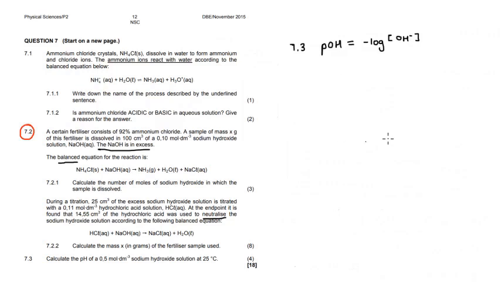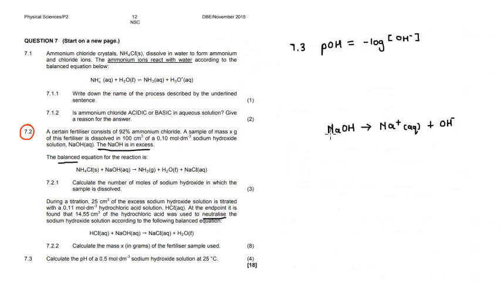Now sodium hydroxide is a strong base. If you take sodium hydroxide and pour it in water, it's just going to form sodium ions in solution and hydroxide ions completely, so it's a single arrow.